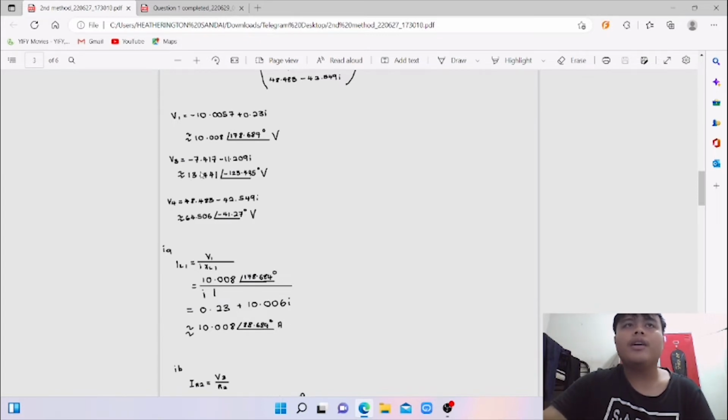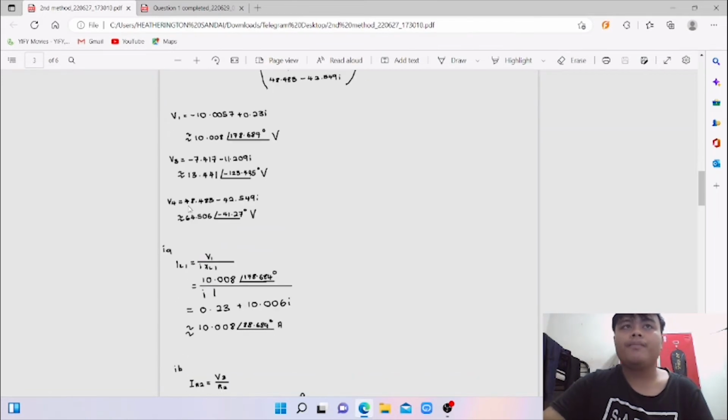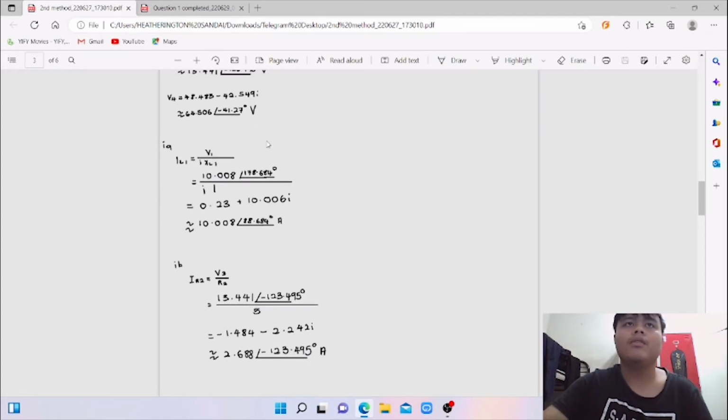After I change it to polar, I get 10.44 with angle negative 125.495 degrees. For V4, I calculate here using calculator. The answer that I get is 48.483 minus 42.5491i. So the final answer is 64.506 at angle negative 41.37 degrees volts.